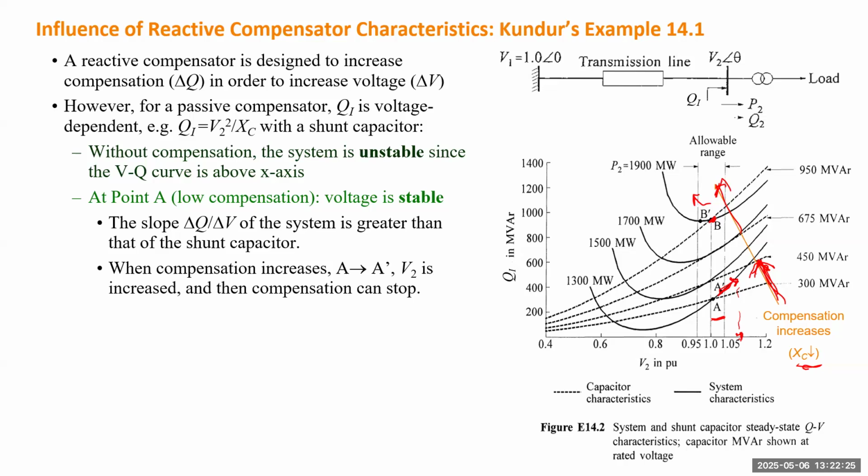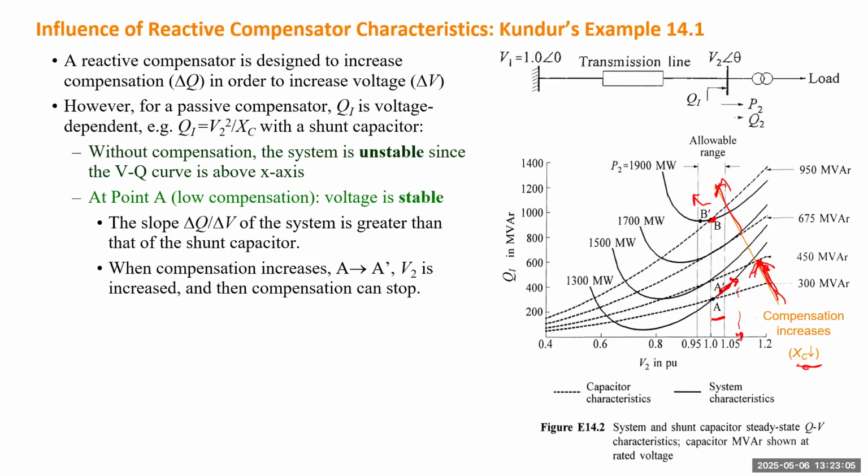The voltage will decrease, because B prime is in that direction, but B prime has a lower voltage than B. So when you compare the two slopes, one from the VQ curve, the other from the compensator characteristic, when the VQ curve has higher slope, such control can be successful. Otherwise, that will fail. So the key is comparing the difference in the slopes of the VQ curve and the compensator. For the B condition, this control will fail.